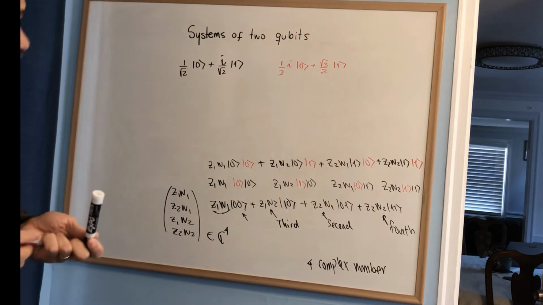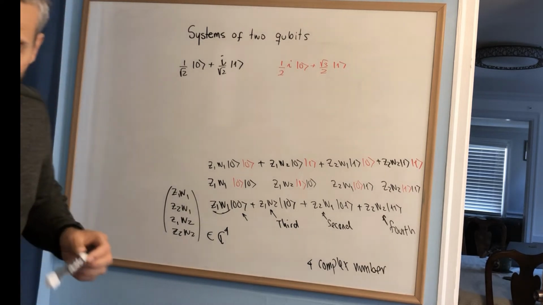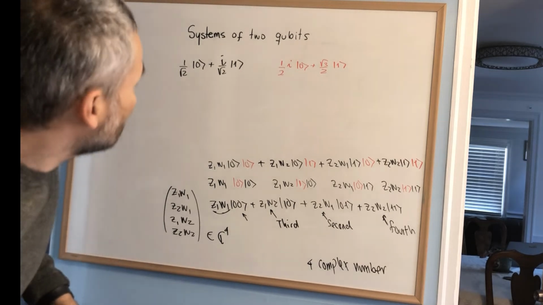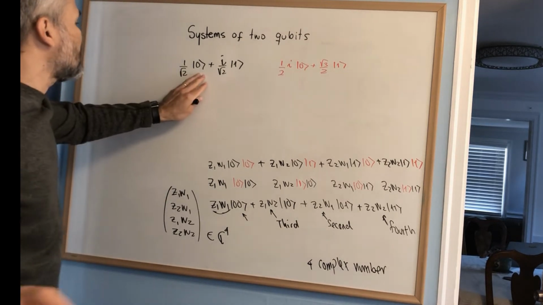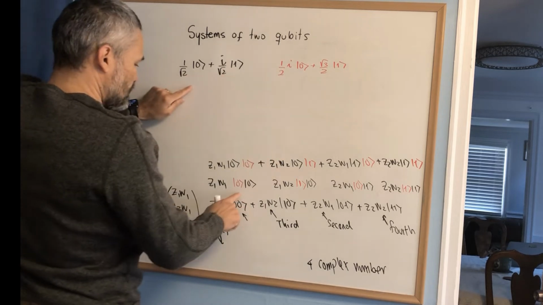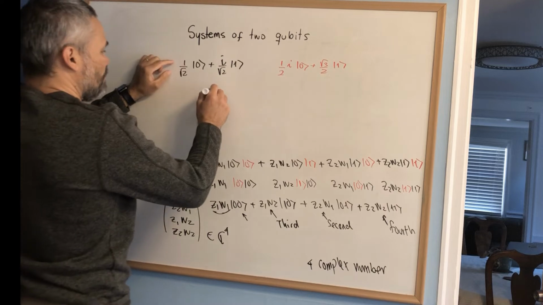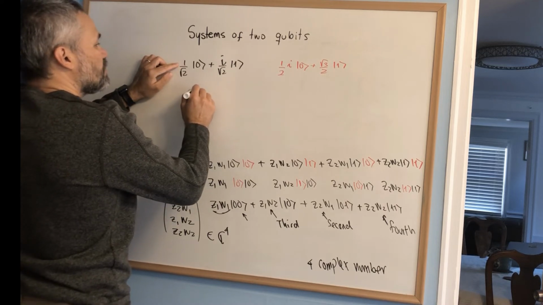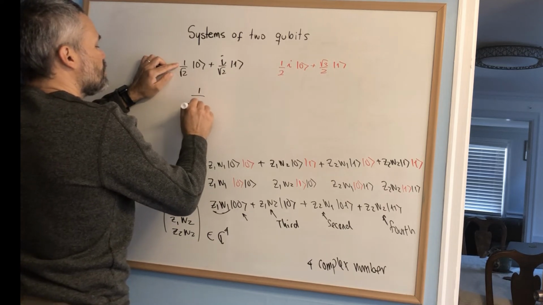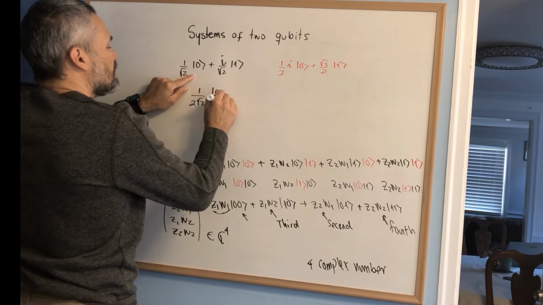Then our 4 complex numbers are going to be, we know that this is going to come on the left. Then we have for 0, 0, the first number is going to be I over 2 square root of 2, and let's call this 0, 0.